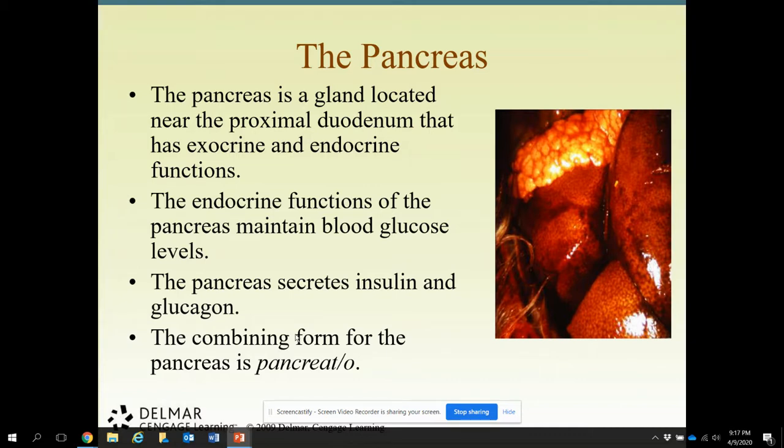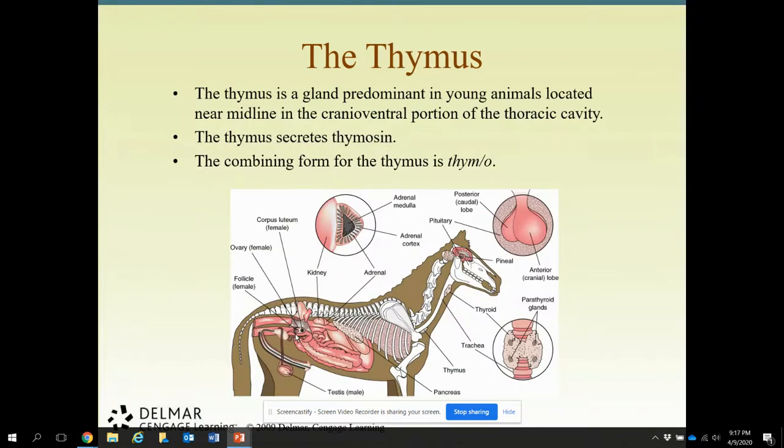And the pancreas secretes insulin and glucagon. The thymus is a gland predominant in young animals, located near the midline of the cranial ventral portion of the thoracic cavity. The thymus secretes thymosin.